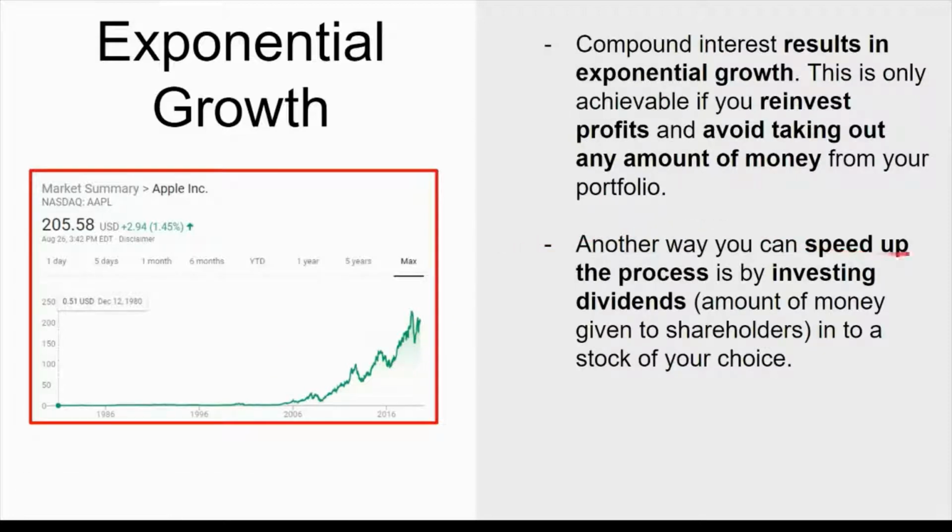Another way you can speed up the process is by investing dividends, which we discussed was the amount of money given to shareholders, into a stock of your choice. Now, this doesn't necessarily have to be the same exact stock, but as long as you invest any earnings that you make from investing, then you can get that exponential growth.